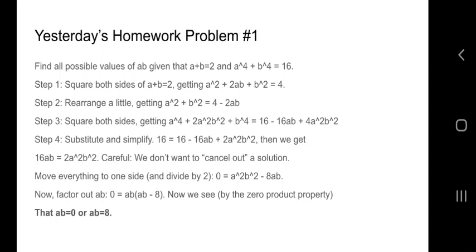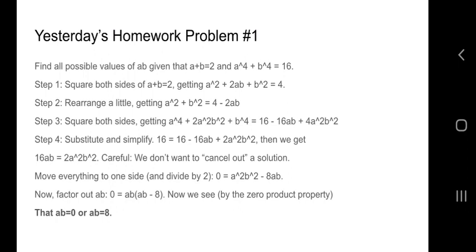So at this point, I moved everything to one side so that we get 0 equals a squared b squared minus 8ab. Now here's an important point. On the step before, I had 16ab equals 2a squared b squared. Of course you can cancel a 2, but it looks like you can also cancel an ab from both sides. If you did that, you would get 8 equals ab, and of course that is one of the solutions.